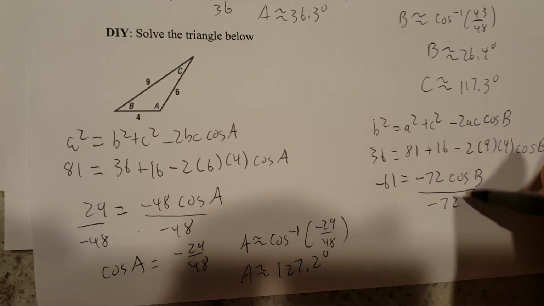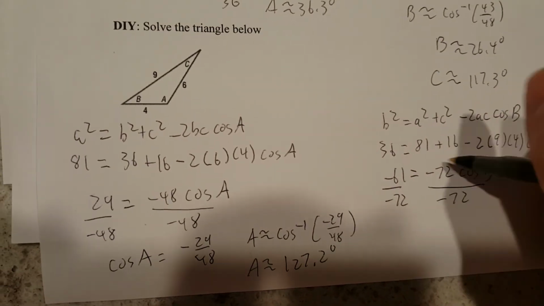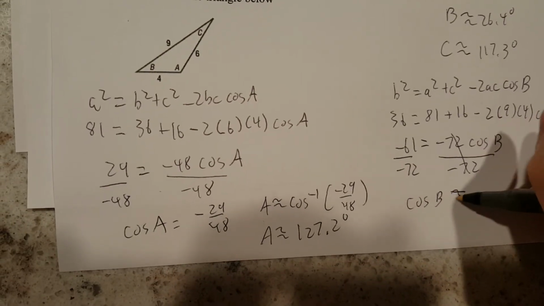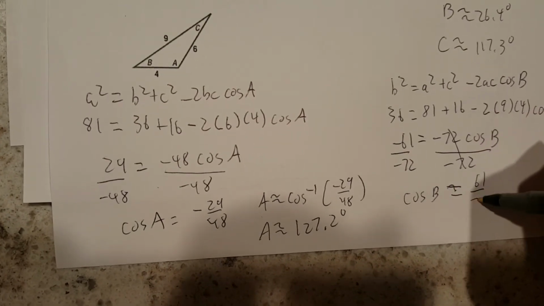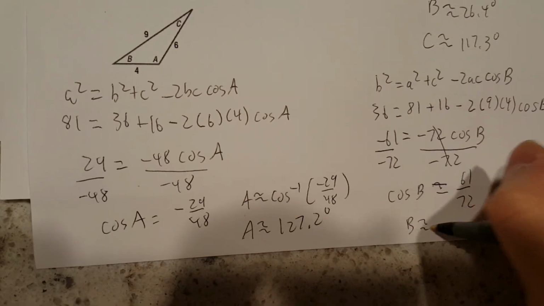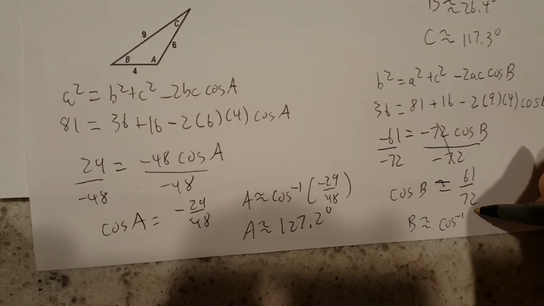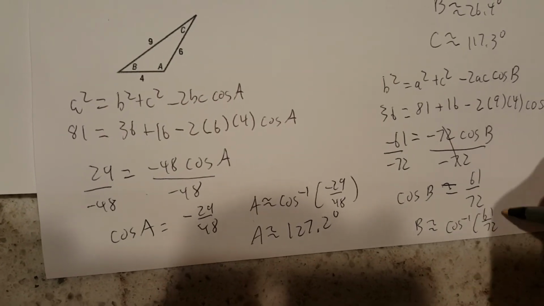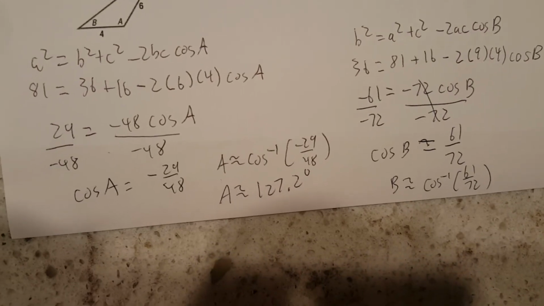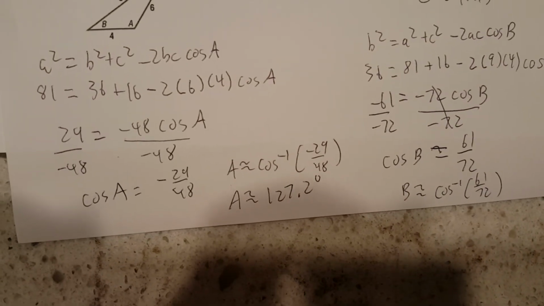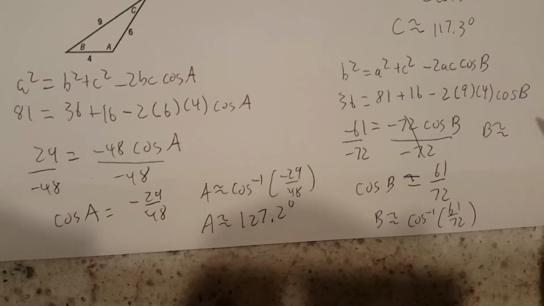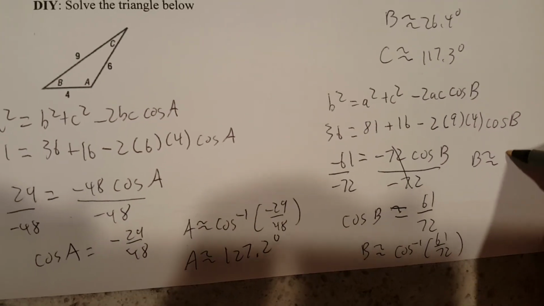Divide both sides by negative 72. And I get cosine B is going to be equal to 61 over 72. I inverse cosine both sides. And if I take the inverse cosine on my calculator, I get angle B is about 32.1 degrees.